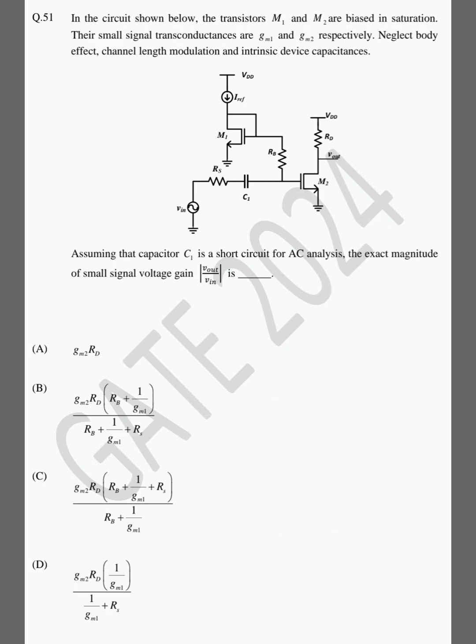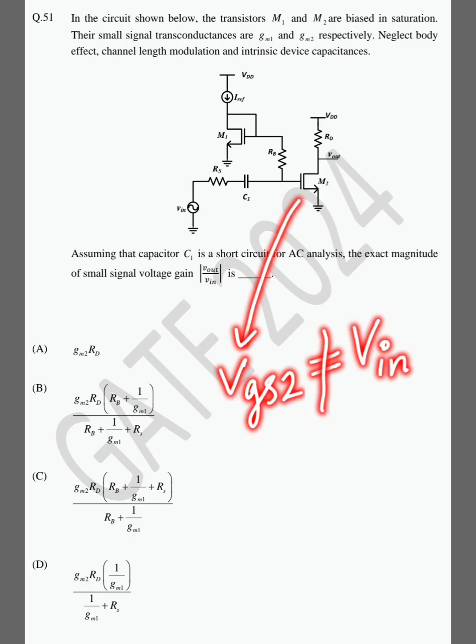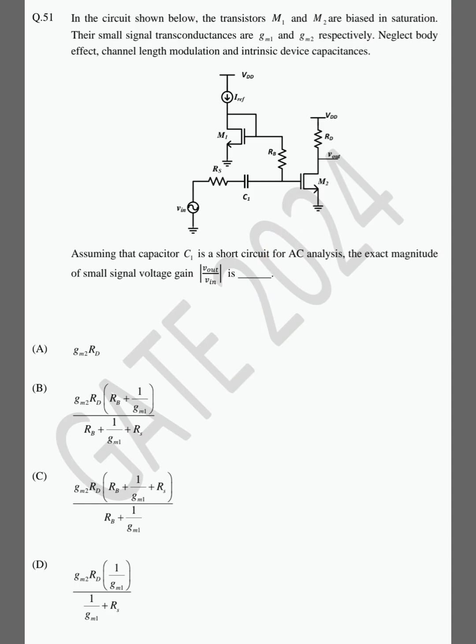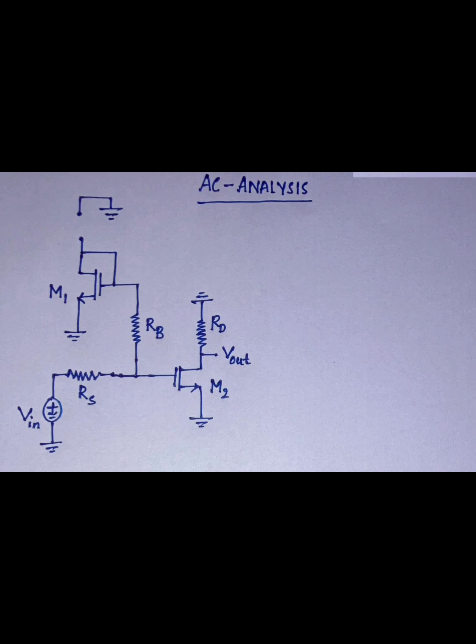Now we need to find the small signal voltage gain. Option A is correct if the small signal Vin fully appears across the gate to source voltage of M2. But first we need to check whether Vin is fully appearing across M2 or not, so we do the AC analysis.